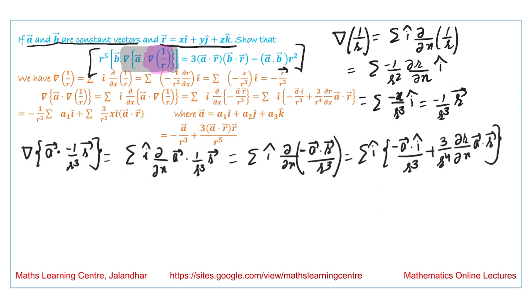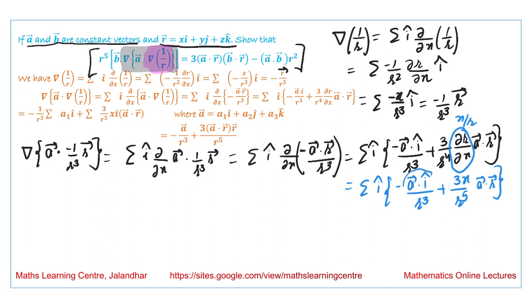Now the value of ∂r/∂x, we know it is x by r. So this value we obtain, this is sigma i cap minus of a vector dot i cap over r cube plus 3 x over r raised to the power 5 a vector dot r vector.